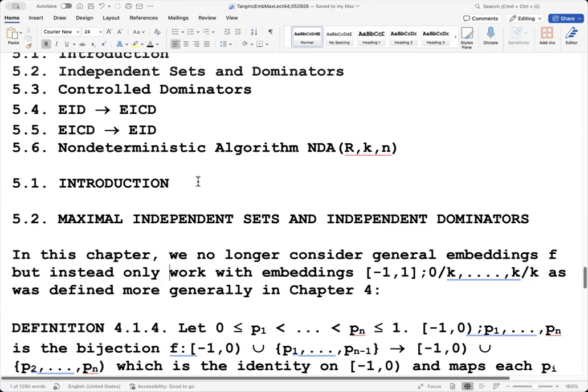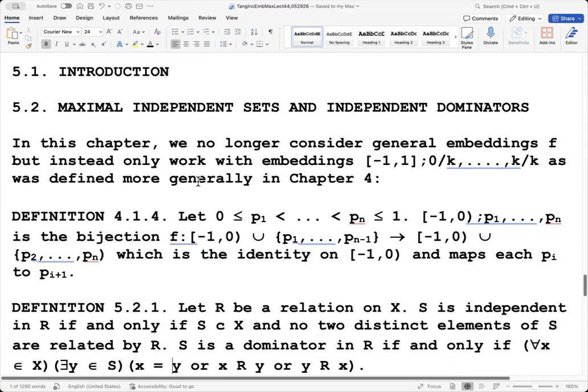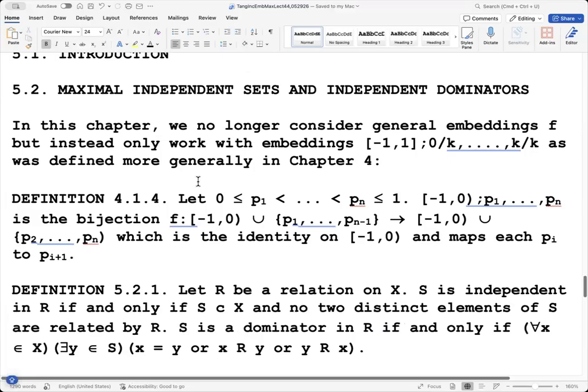So the first thing I do is I shift. This is just expositional. I shift from maximal change to maximal independent sets because that's dual, right? And then independent sets are well known to be the same as independent dominators.